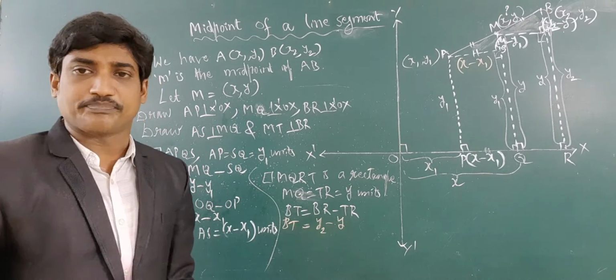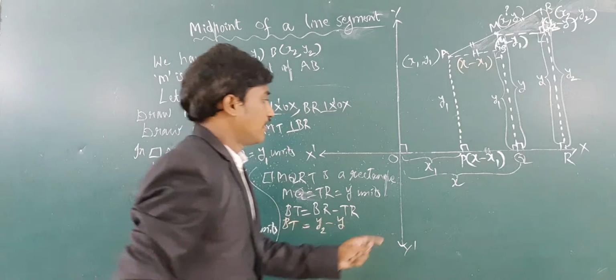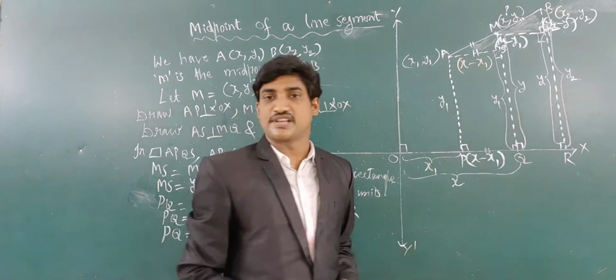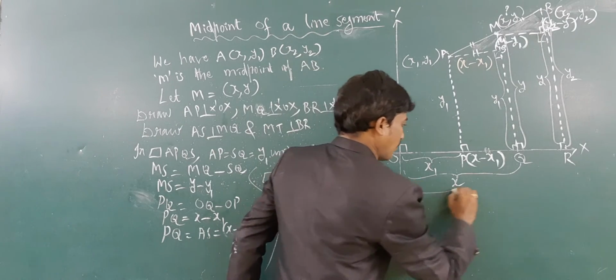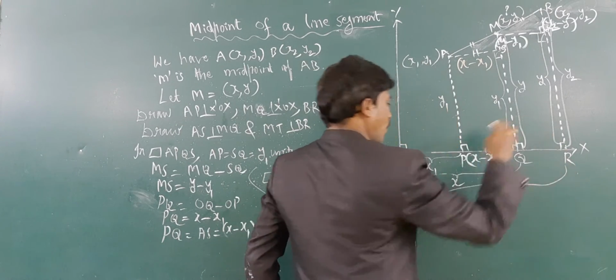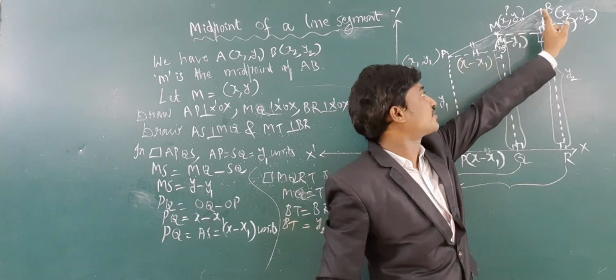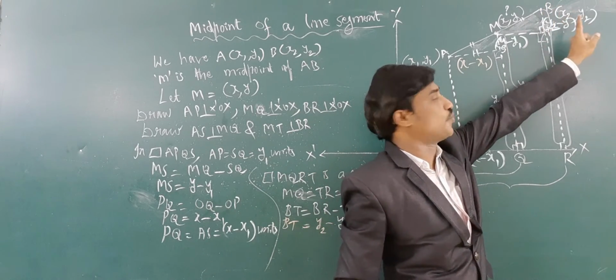On the other hand, OP length is x1 units, OQ length is x units. In the same manner, what is the length of OR? If you observe the point B, coordinates of B are (x2, y2).